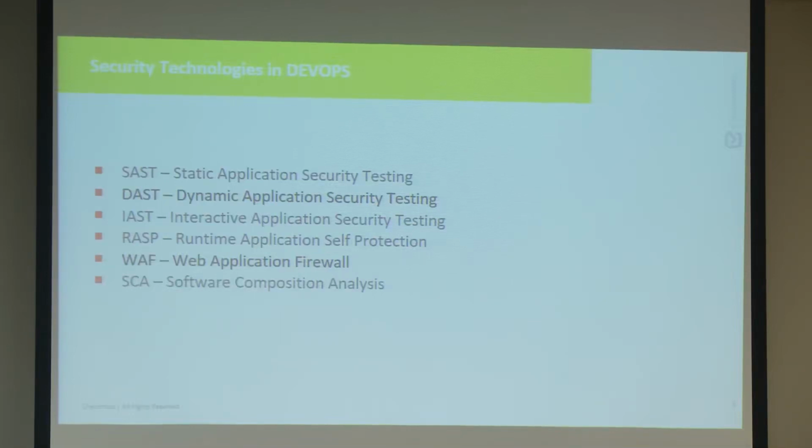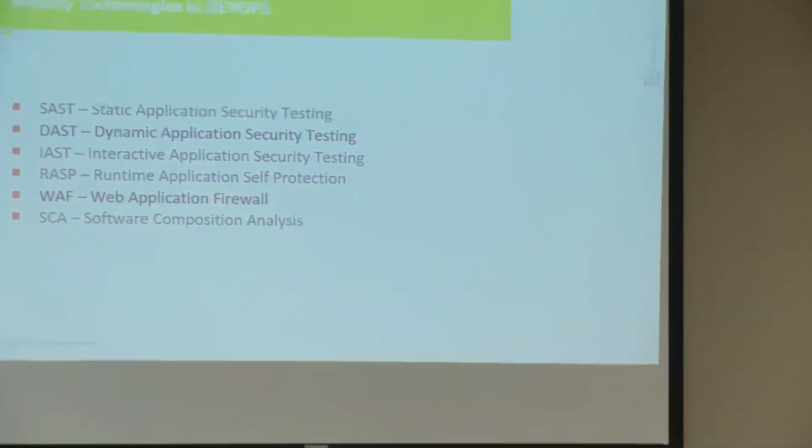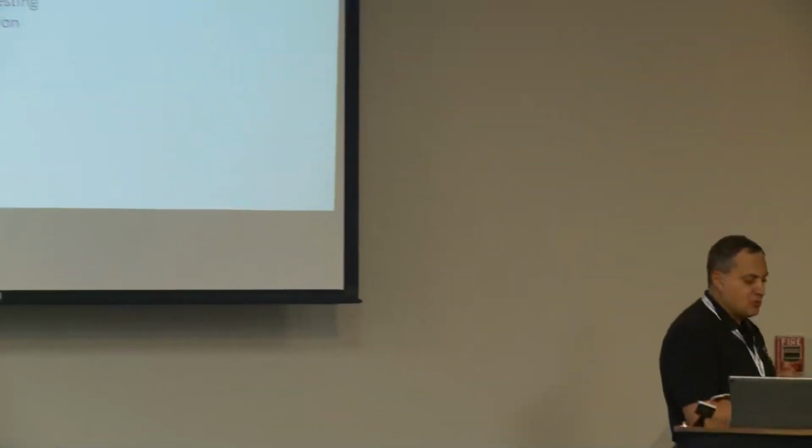A relatively new entrant to the market is interactive application security testing, IAST. Sort of a combination of both. There's an agent running with the app while the app is being executed, either through manual testing, integration testing, or by DAST, actually.